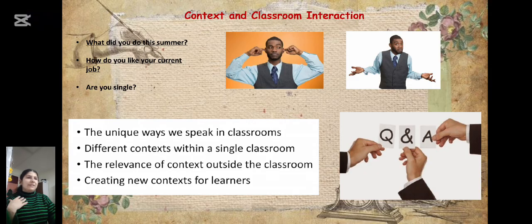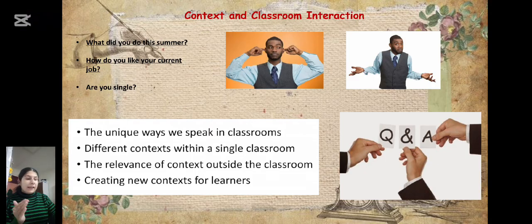Then we have the context and classroom interactions, such as the unique ways we speak in classrooms, because we always speak differently in classrooms, depending on the topics and on the students as well. Then we have different contexts within a single classroom.